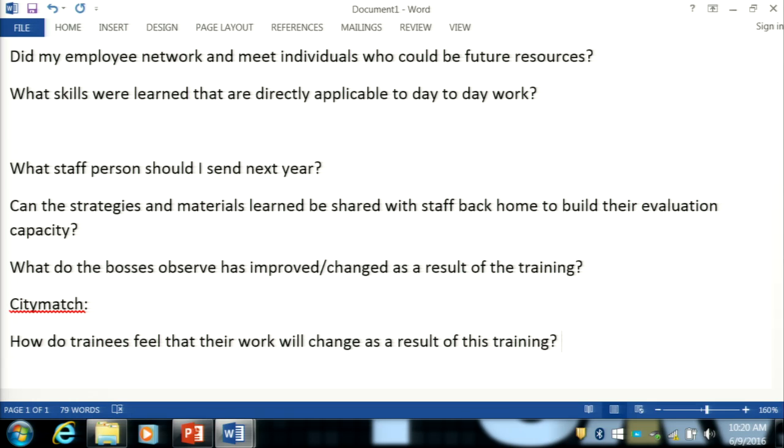Okay, yes, another one for City Match. Yes? So, if I was with City Match, I'd be saying, so what did we learn from the trainees? What did City Match learn? Okay. And do you think that would be the answer? So the question is, what did we learn from the trainees about what their needs are?